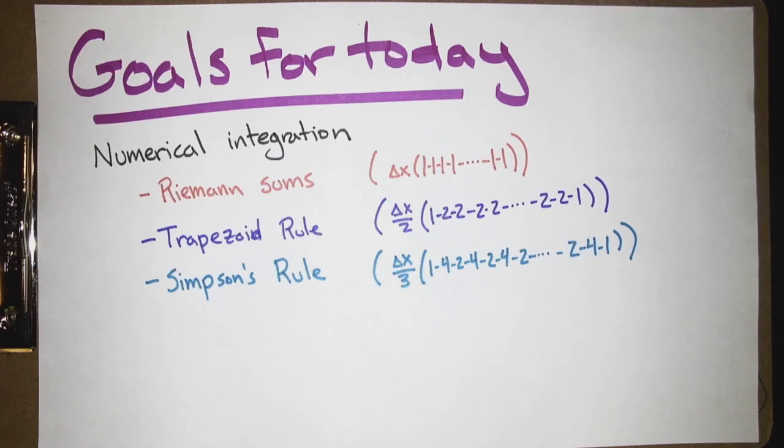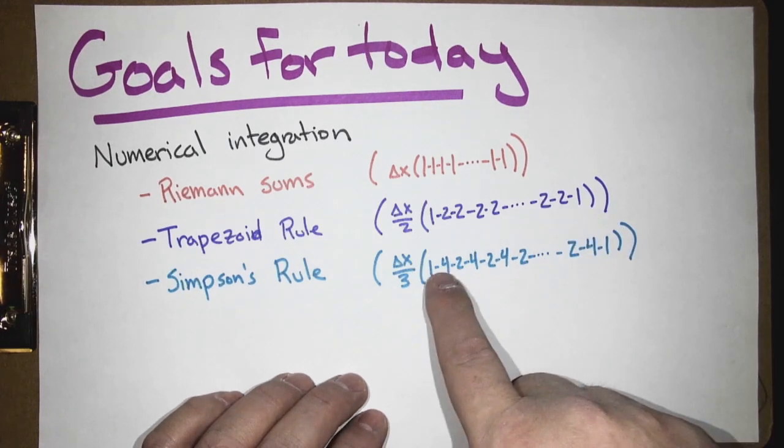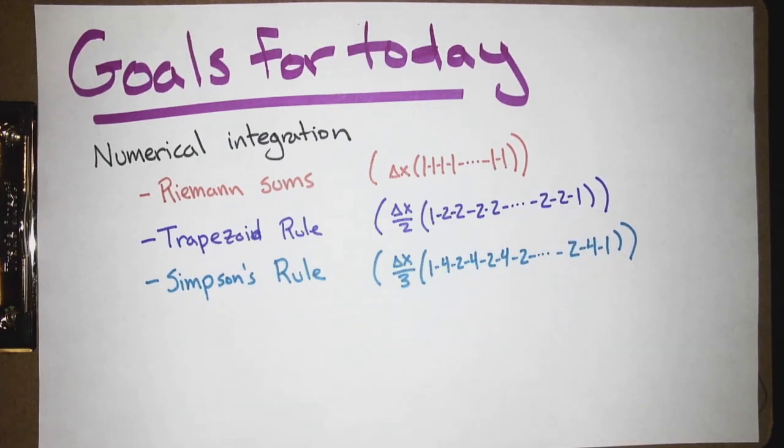We start x0, x1, x2, all the way up to xn. So delta x is going to be the width of the interval. And then these are not subtraction signs, these are dashes. The question is, how much do we weight the points? Now that sounds strange, but we'll explain what we mean.